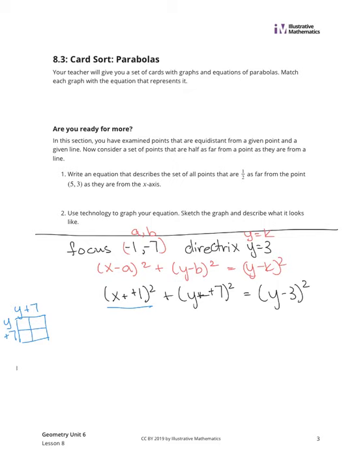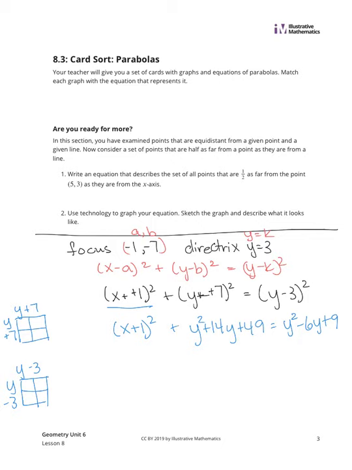And I will create my y minus 3 box and my y minus 3. And I will do my math. So for my next line, I left my x term alone. I multiplied this term out. Inside your box, you should have got y squared plus 14y plus 49 equals y squared minus 6y plus 9.